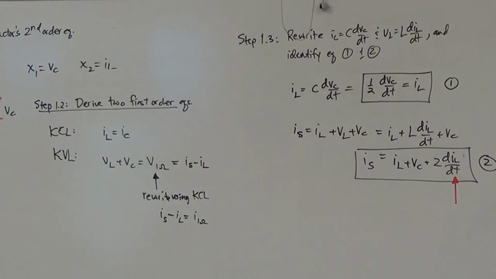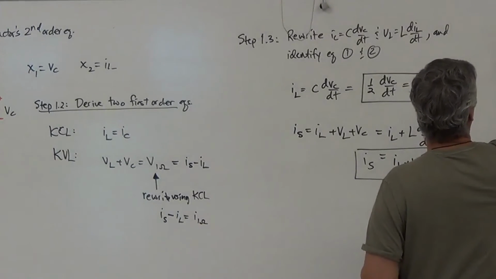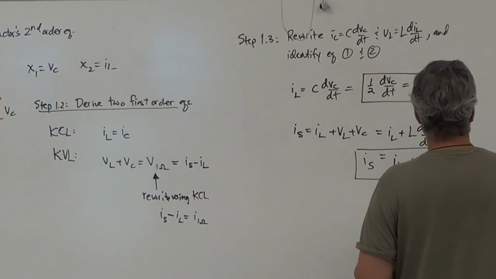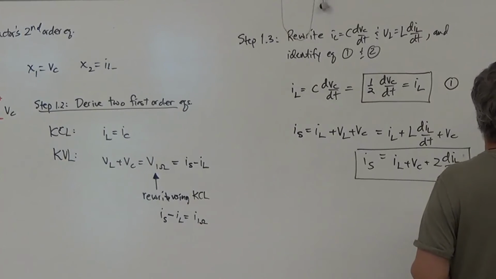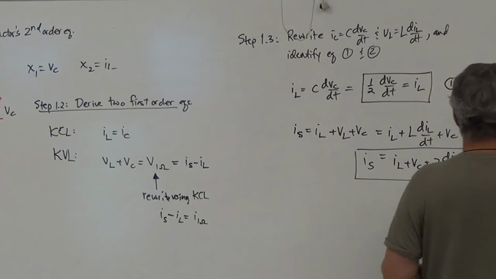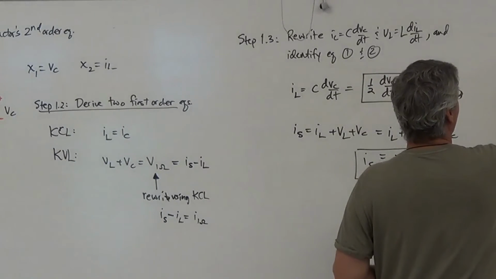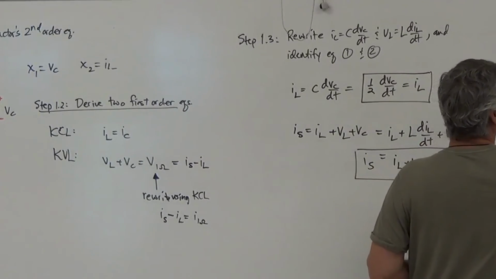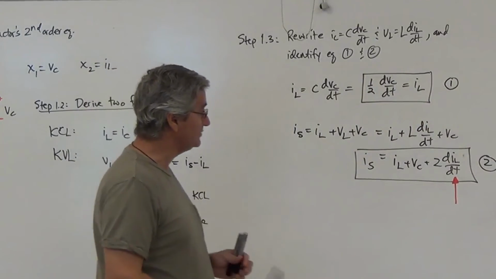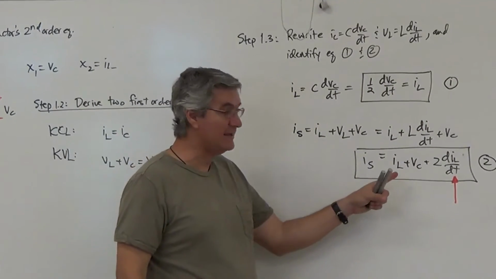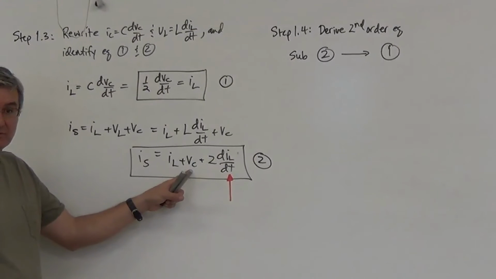So following this process, to derive the second order equation, we're just going to substitute equation 2 into equation 1. But you've got to be careful here, because what we're really doing is that we want to get rid of VC in this equation.